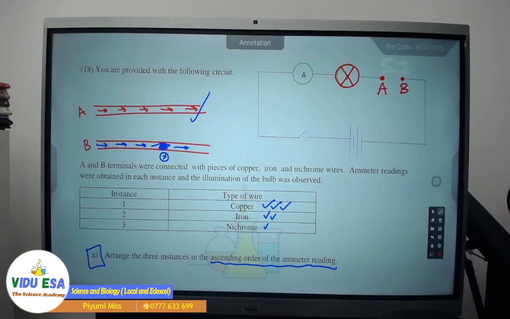Yes, did you write what is the ascending order? Isumi, what did you say? Nichrome, iron, copper. Isumi says nichrome, iron, copper. Okay, then we'll ask Kitma also. What did you say? Teacher, for what? The ascending order of the ammeter reading. I asked you to write.